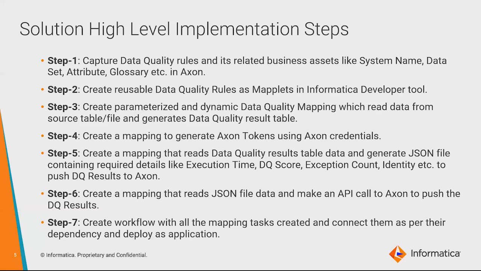This JSON file can reside in the Informatica server, and it must contain all the required details like the execution time, DQ score, exception count, identity, etc. And post that, we will create a mapping that will read this JSON file data and make an API call to Axon to push the DQ result. This API call I'll be showing in my demo, where I made use of Java code which performs this API call.